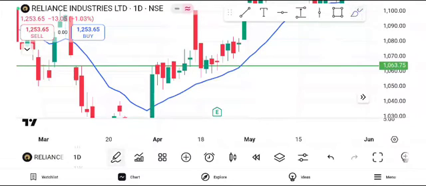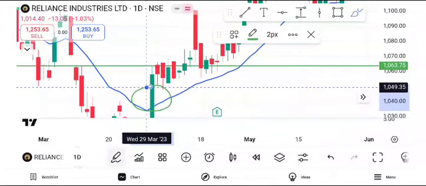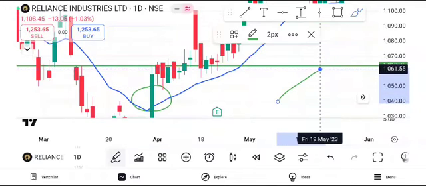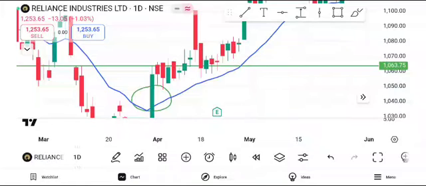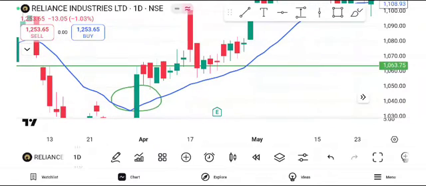Because this green candle gave the breakout of the 20 MA, and before it was a downtrend. Once the green candle closes above this blue line, the 20 MA, the trend changes. So whenever this confirmation candle closes above the 20 MA, the trend changes.